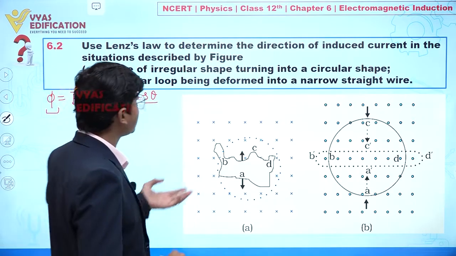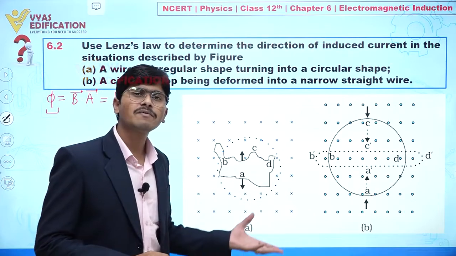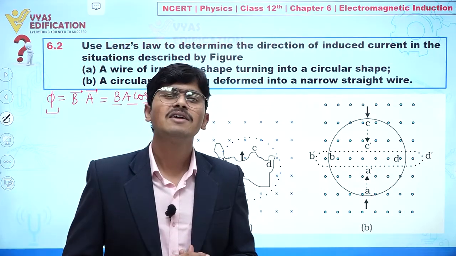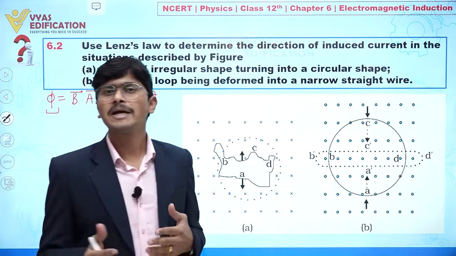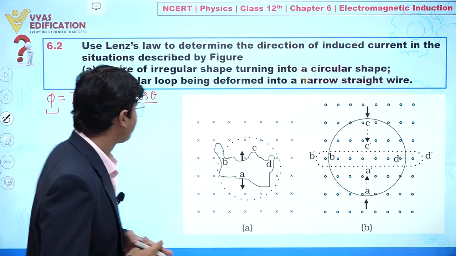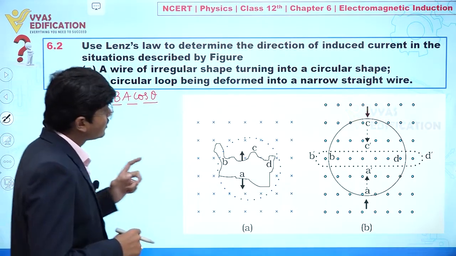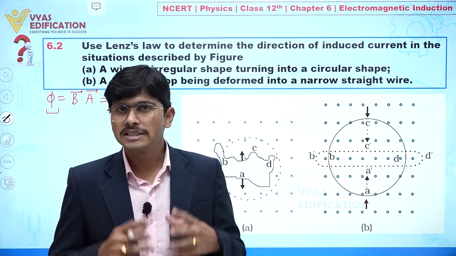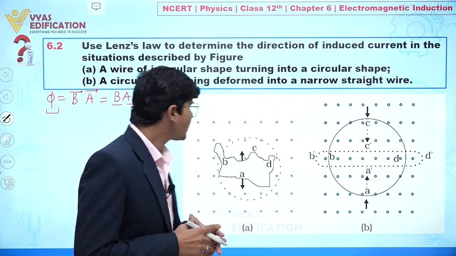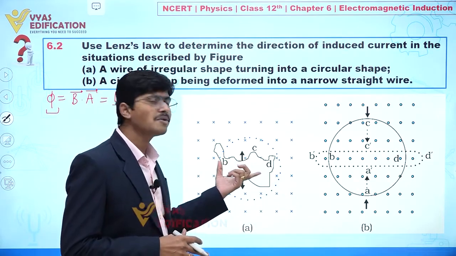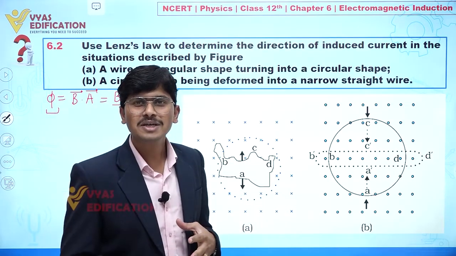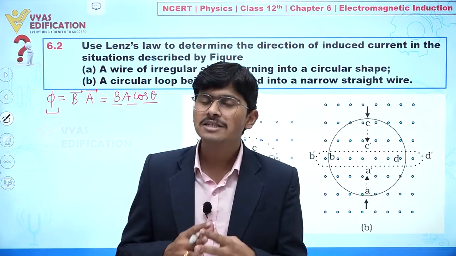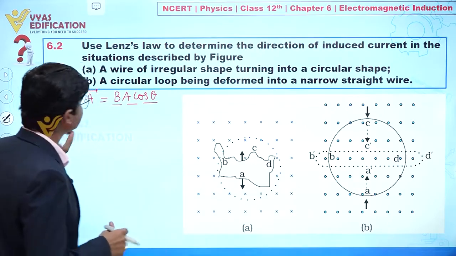If nothing is given, we assume the magnetic field is uniform, but magnetic flux may change whenever there is a non-uniform magnetic field. Another possibility is when the area of the loop is changing. In this question area is changing, so whenever there is some change in area, we will find phi changes.